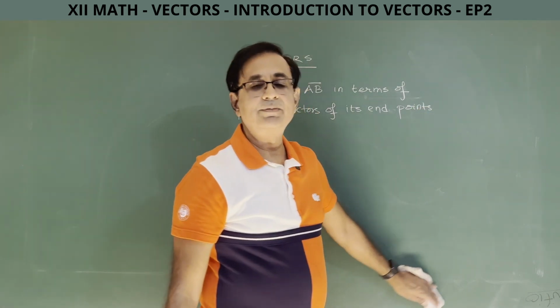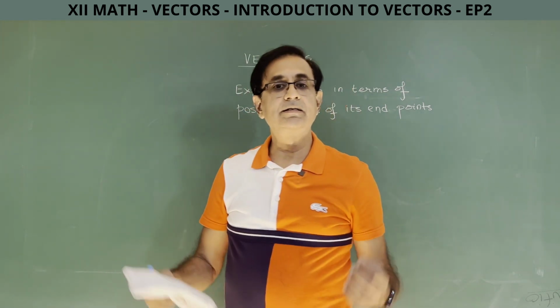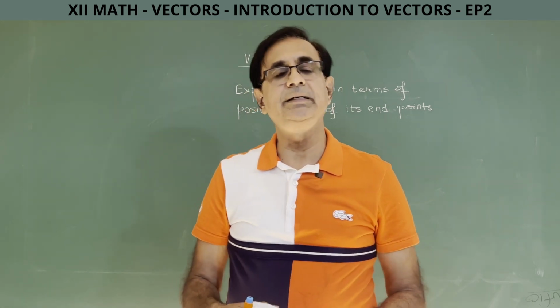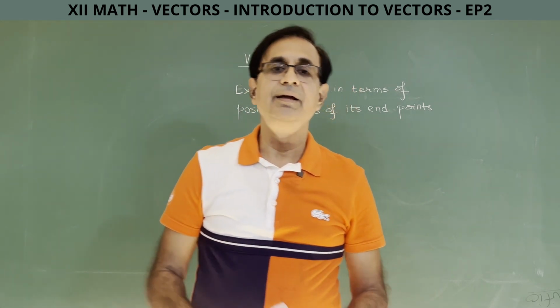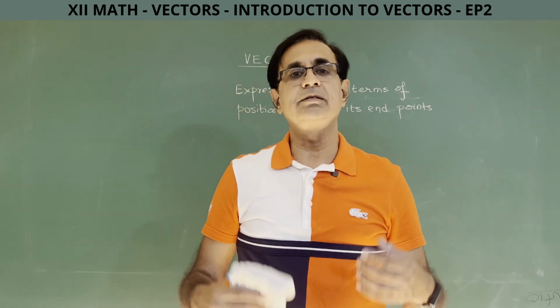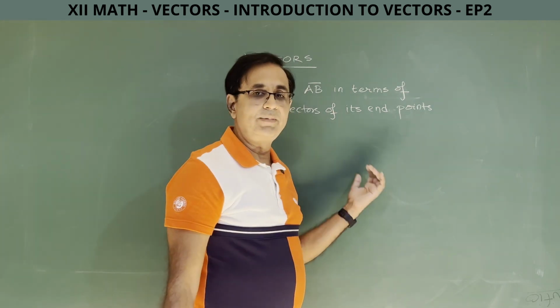You know, the interesting part is that the moment you start handling vectors algebraically, that is, every vector is expressed in terms of i, j and k, then developing formulas and doing numericals is far simpler than what I am doing on the blackboard right now.